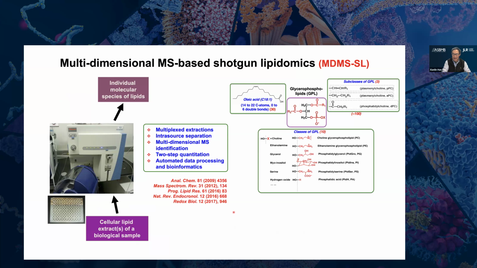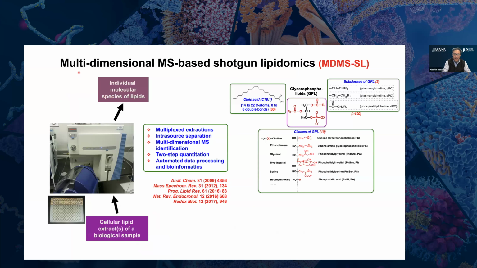We developed a platform called shotgun lipidomics, which is distinguished by multi-dimensional mass spectrometry analysis. This platform comprises components such as multiplexed sample preparation, including derivatization and different solvent systems.